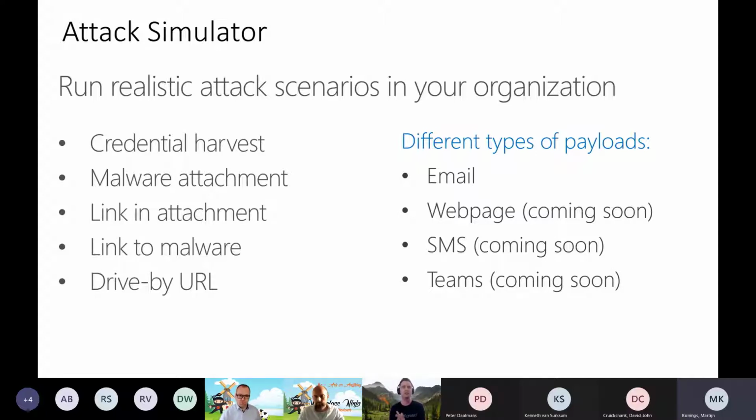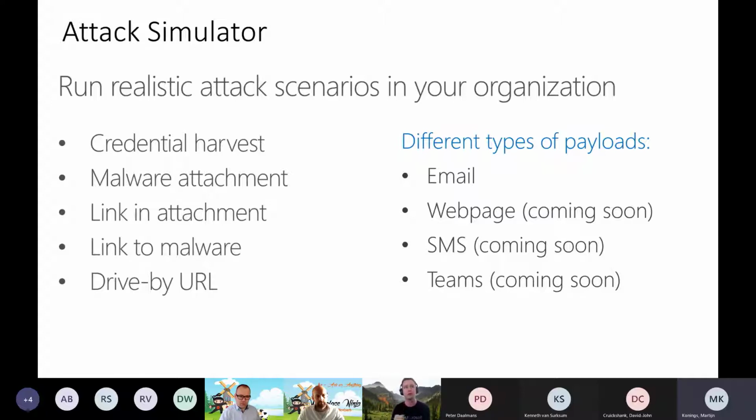In regard to these simulations, you can do credential harvesting attacks. I think those are the most popular ones, where you trick users into clicking on a URL where they see, for example, an Office 365 login screen, and trick them into providing their credentials. But you can also do malware attachments, links to phishing in an attachment, a direct link to malware, and drive-by URLs.